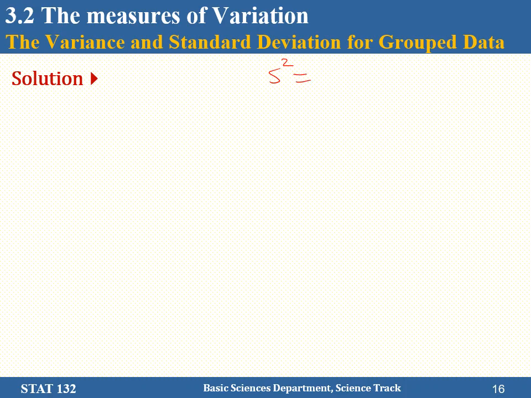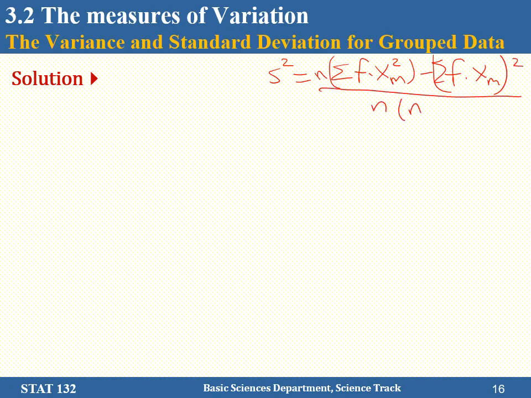The sample variance s squared is equal to n times the sum of the products frequency times the midpoint squared, minus the square of the sum of f times the midpoint, divided by n times n minus 1. So this is the formula we will use.